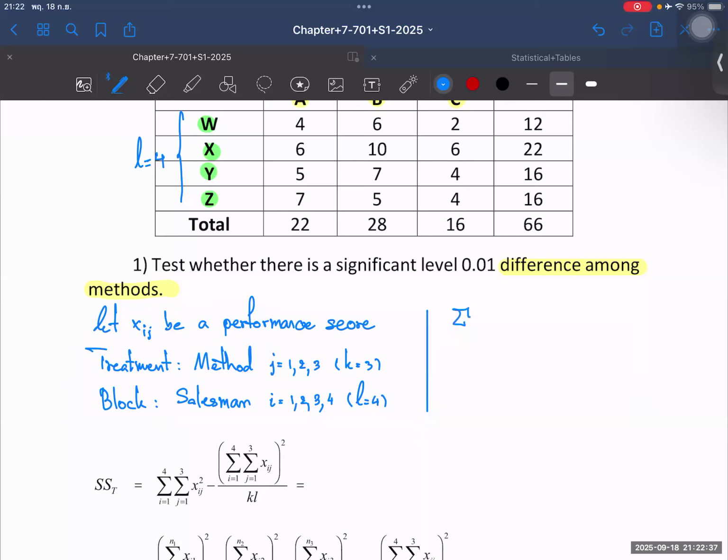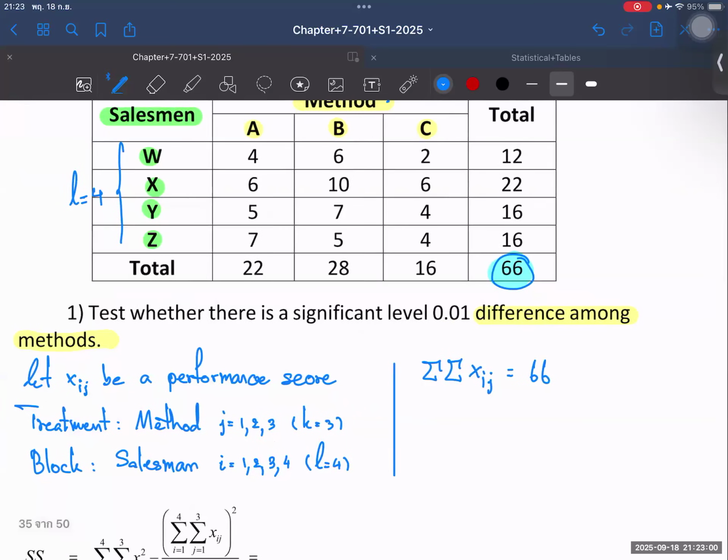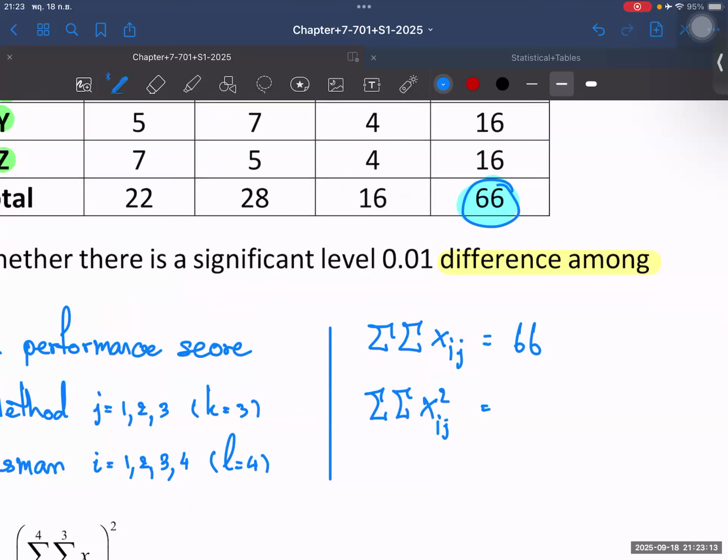This is the sum of xij, right? So it's 66. So now I want to calculate the sum of xij to the power 2. I calculated for you, it is 408.